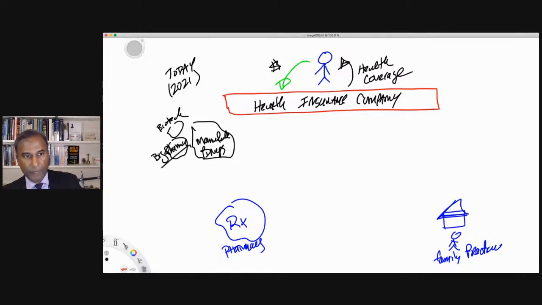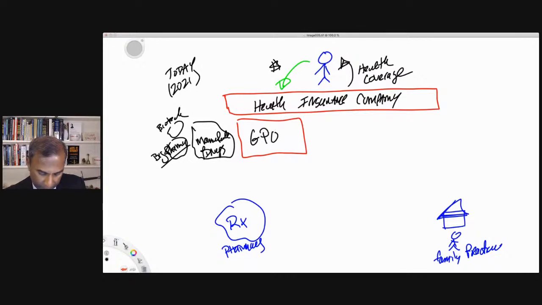And the health insurance companies have struck a deal with some very interesting people. One of the entities is an organization you may have heard of, called PBMs, pharmacy benefit managers. These people control the supply of drugs into the RX, and we'll see that.